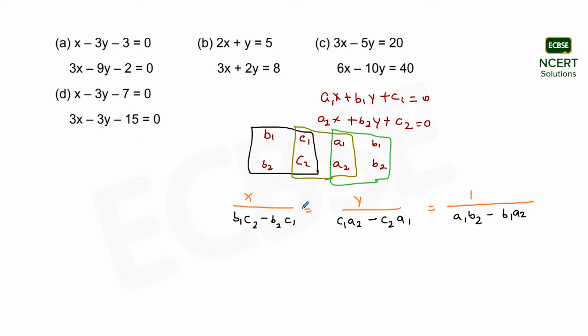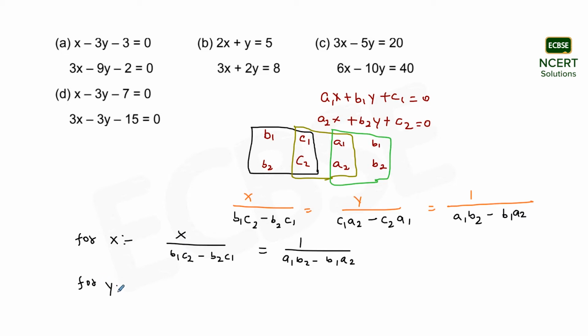So from here, in order to get the value for the variable x, what we need to do is to equate the first ratio with the third ratio. As in the first and the third ratio, the variable is only x, so we can easily get the value for the variable x.